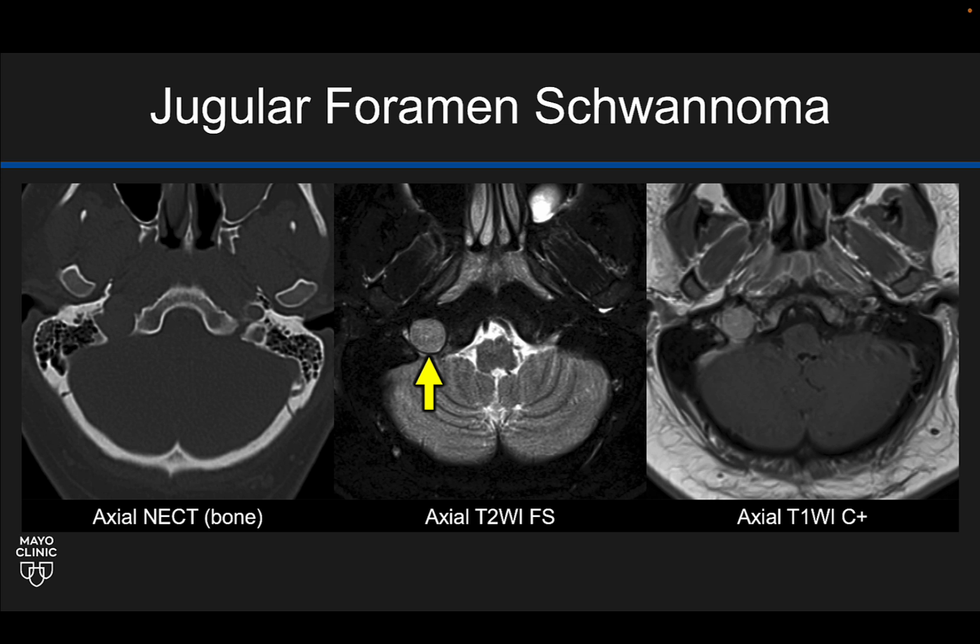Same patient, here's an axial T2 fat-saturated image. We can see there's a round mass centered in the jugular foramen. It's fairly homogeneous in terms of its signal intensity. It's approximately iso-intense to the cerebellum. And when we give contrast, this enhances avidly. So this is a great look for a jugular foramen schwannoma. Again, we use the MR signal characteristics and the CT bone changes to come to that decision.